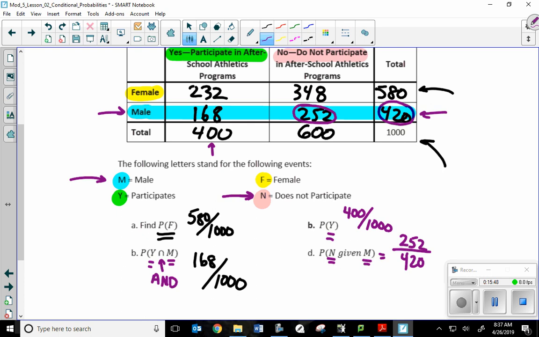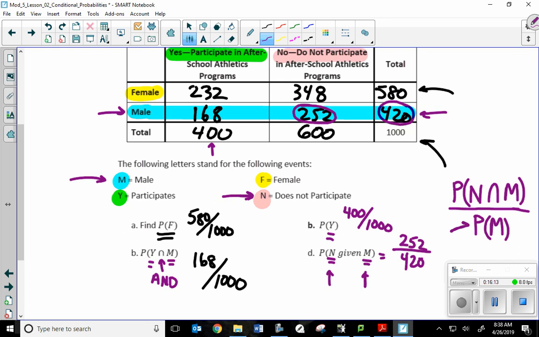Now, we discussed another way. If we have N given M, I could say P of N and M over the probability of just M. This was the other way we could do it if we didn't have a table. If we had just percentages. So even if we did it this way, what's the probability?